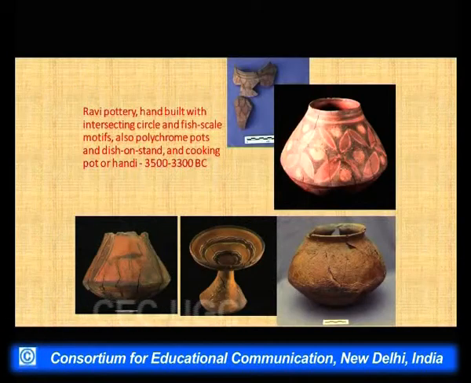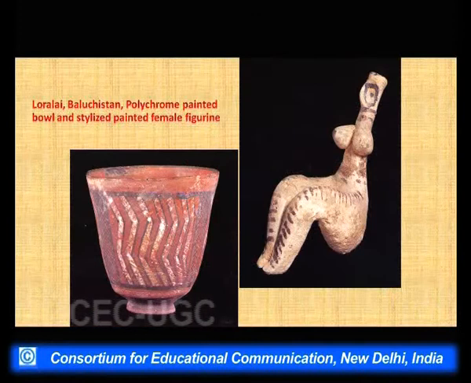Now we come to pottery. Pottery has been a characteristic feature of Harappan civilization right from its inception, and this is Ravi pottery that was hand built, and it also contains the fish scale motif, which becomes characteristic of the mature Harappan phase.